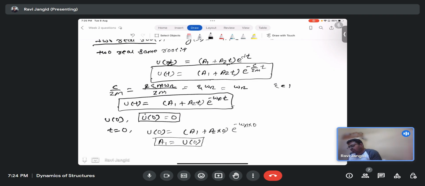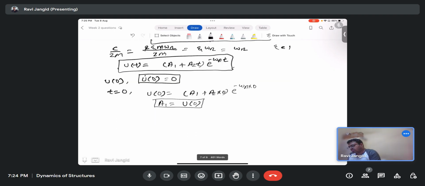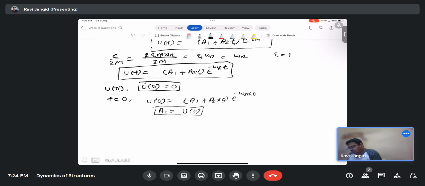Can you find out the u dot t so that we can put it in the equation? U dot t. Anyone?